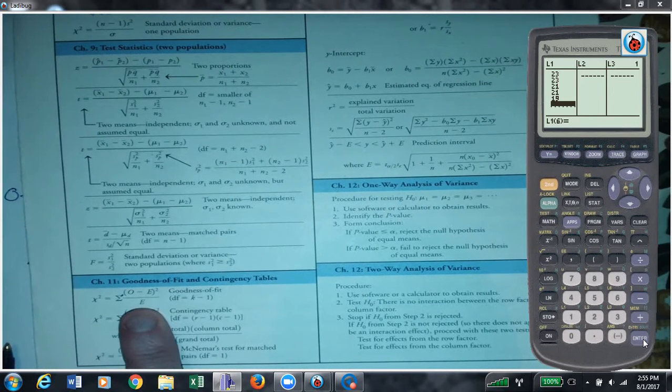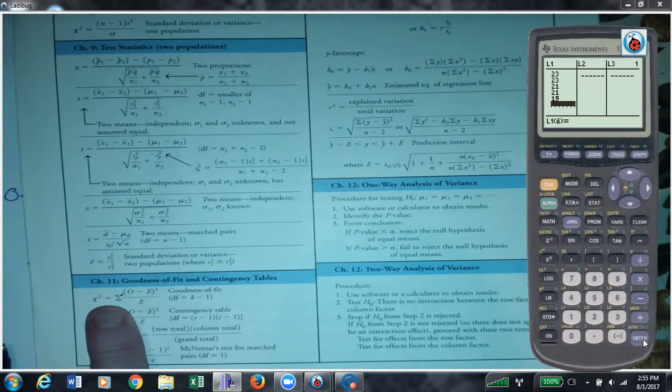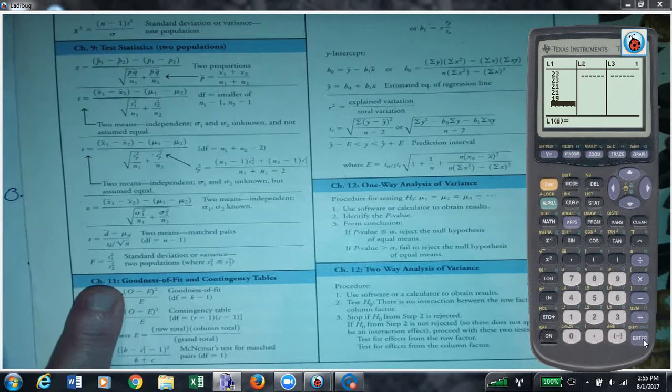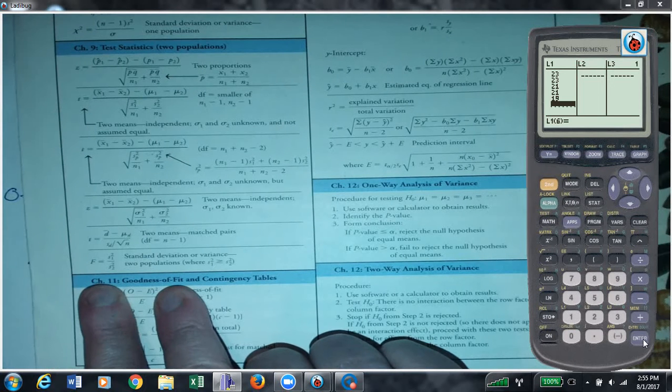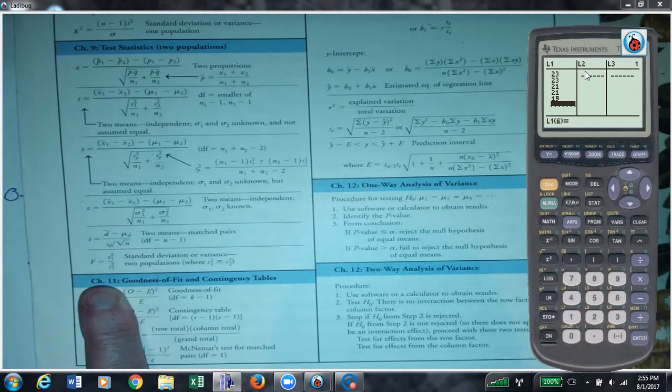Now, the chi-squared test statistic is going to be the summation of all of these. So I need list 2 where each thing in list 2 is one of these. The first thing in list 2 would be 23, the O value, minus the expected value, which is 21.4, all squared divided by 21.4. But I don't want to do that for each one.